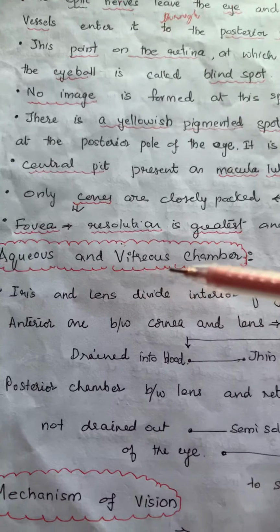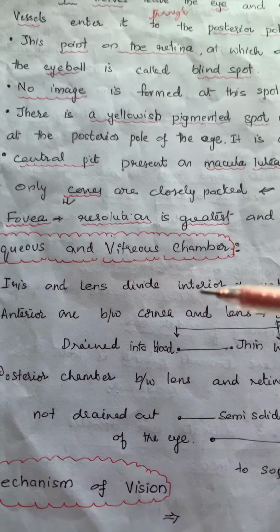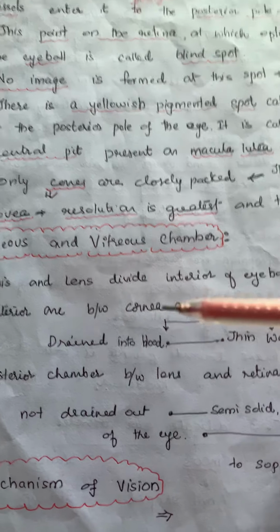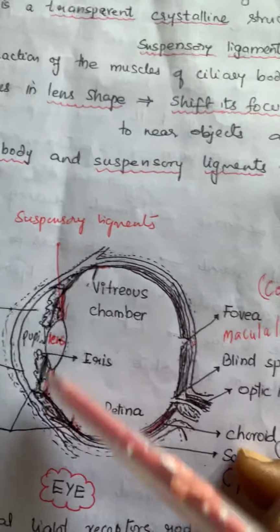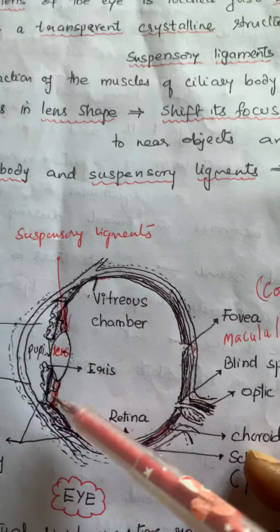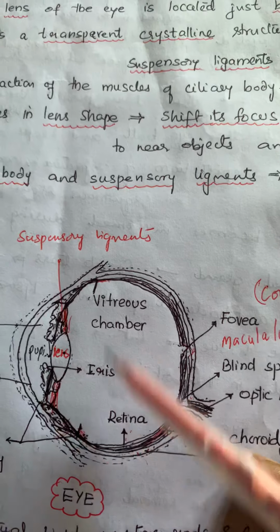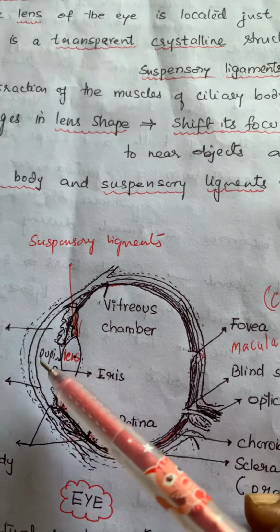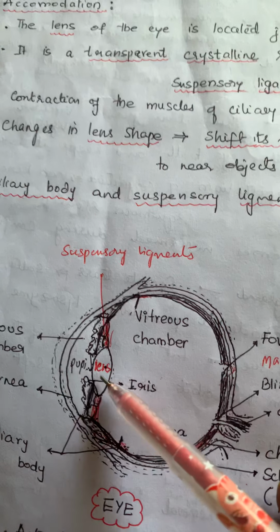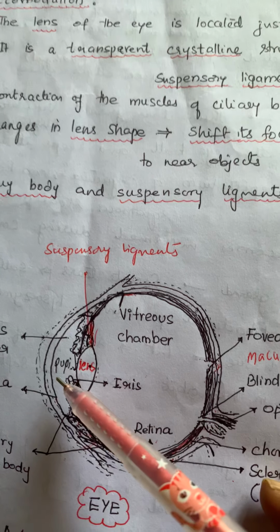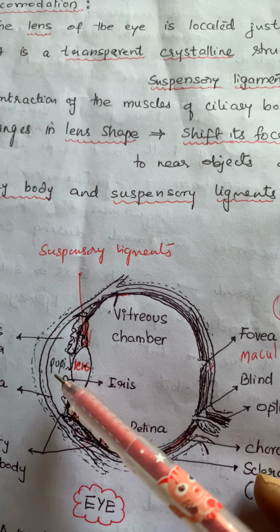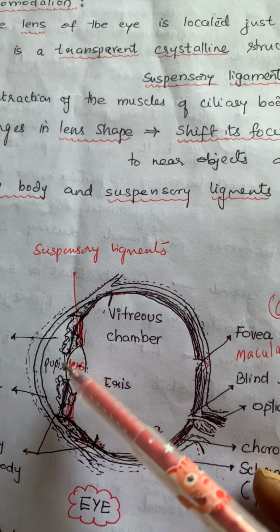Coming to aqueous and vitreous chambers. What are the chambers? Iris and lens divide the interior of the eyeball into two main chambers. The anterior one, between cornea and lens, is the aqueous chamber. Thin watery fluid is present in the aqueous chamber.